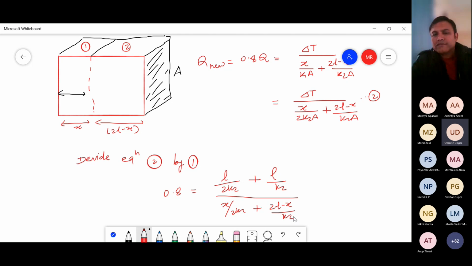Are you all agree with me? Yes, sir. So how will X and L be related? Now in this case, you can rearrange everything and find out how L and X are related. Find out.